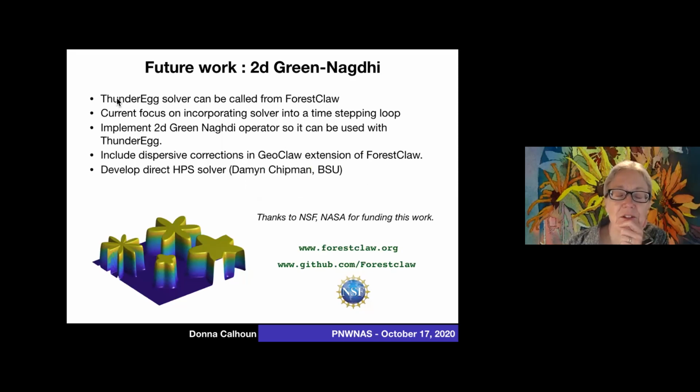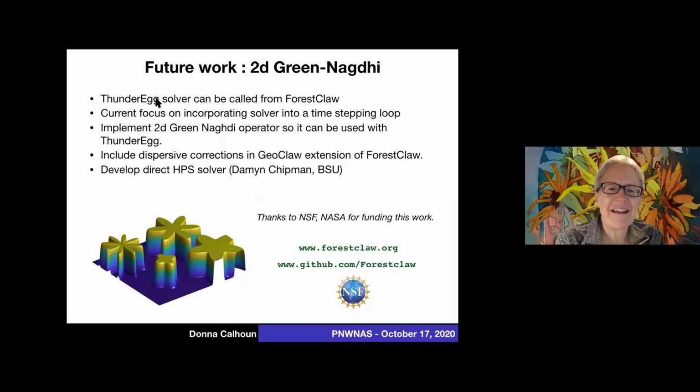The ThunderEgg solver is a standalone solver with its full set of examples, but we've now incorporated it into ForestClaw, so it can be called directly from ForestClaw. Our current focus is on incorporating the solver into a time stepping loop. There are no major technical challenges there; it's just debugging time.